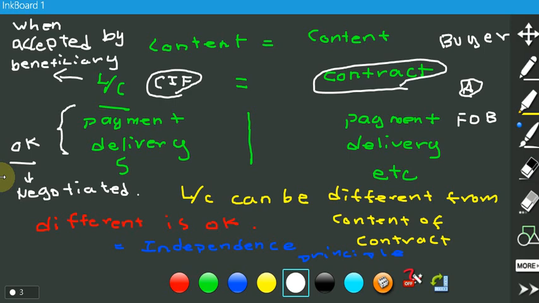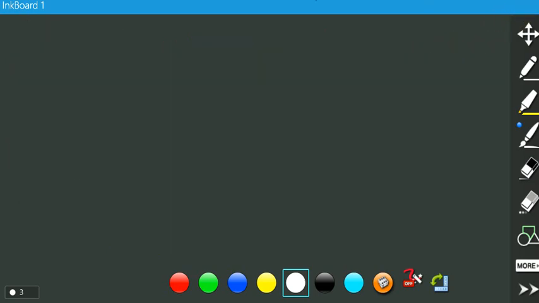Now, a pure study of the principle of independence.